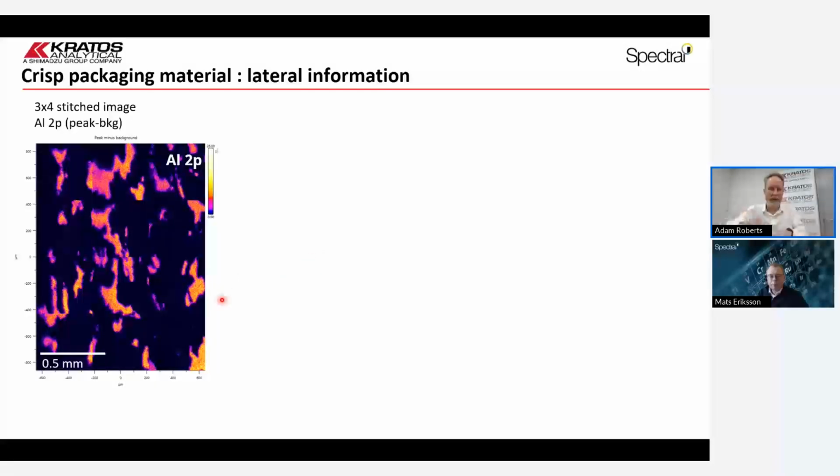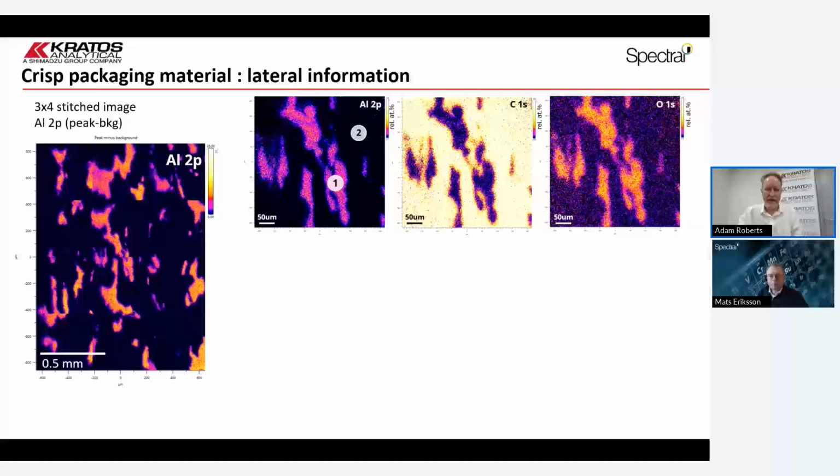There are islands of aluminium surrounded by carbon in this case. So now I'm looking at a 400 micron field of view. I've imaged the aluminium, the carbon, and the oxygen. We can see that there's a correlation between the aluminium and the oxygen, and where we have high signal, we have low signal in the carbon.